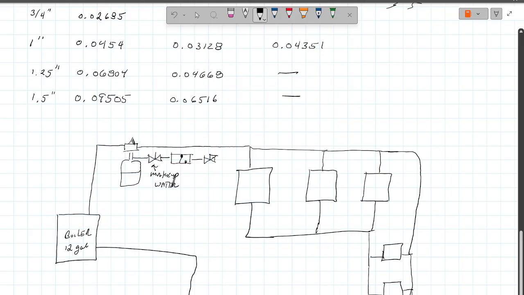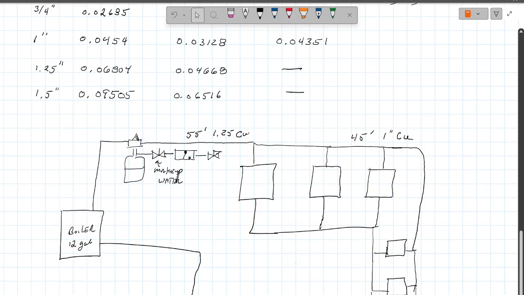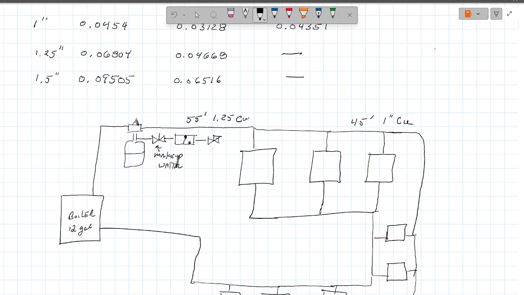Okay. All right. So here's a fun thing. Literally we can do goofy things like this. So put 55 feet of 1.25 copper here, and then we'll change it over to 45 feet of 1 inch copper here. We can then bring this one down to 25 feet of 1/2 inch copper here.